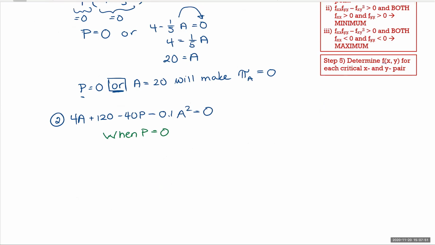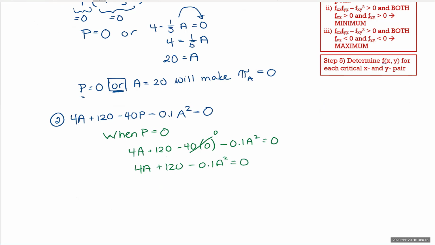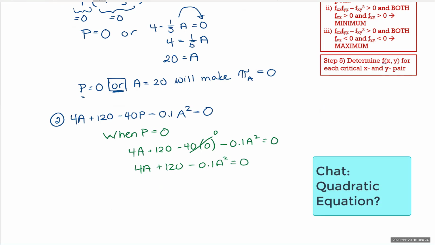We get 4a plus 120 minus 40 times 0 minus 0.1 a squared is equal to 0. So this becomes 4a plus 120 minus 0 minus 0.1 a squared is equal to 0. Now, how do I solve for what a values will satisfy this? It's a quadratic, that's right.